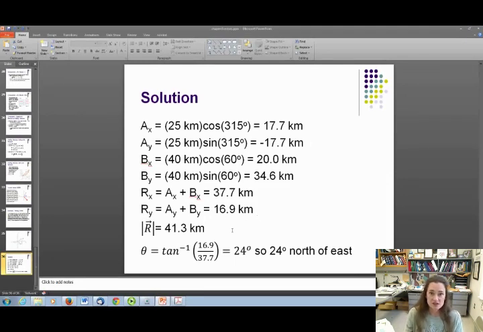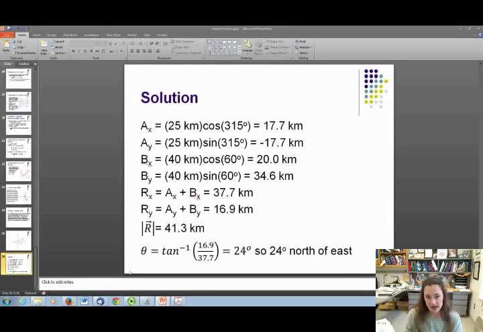Now, if I want to find the total magnitude of my vector R, the total length, I take the square root of the sum of the squares of the components. So I would do the square root of 37.7 squared plus 16.9 squared. And when I take the square root of those numbers, I get 41.3 kilometers.